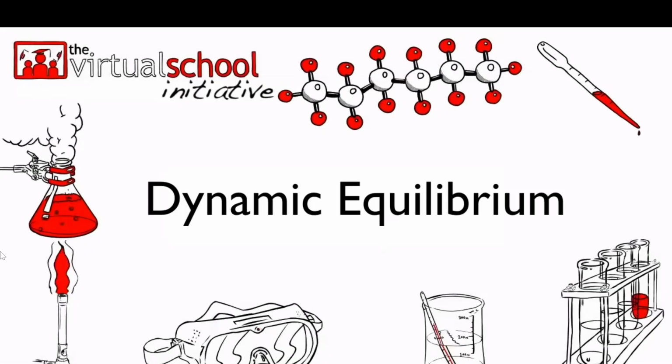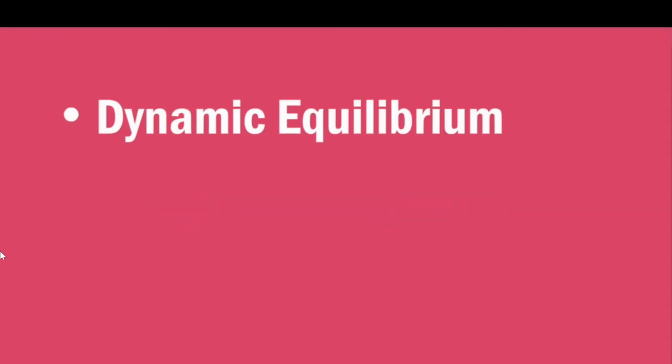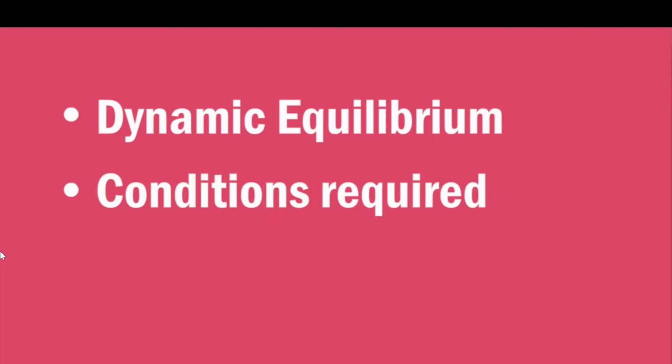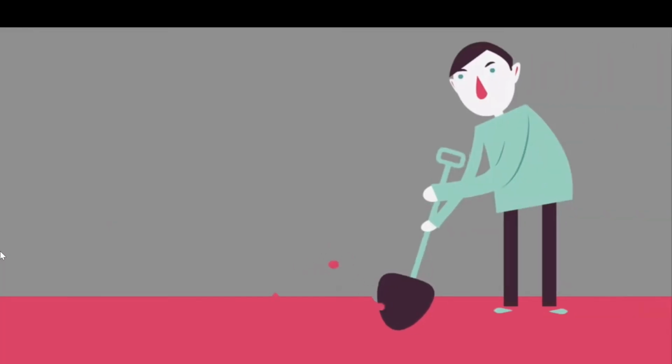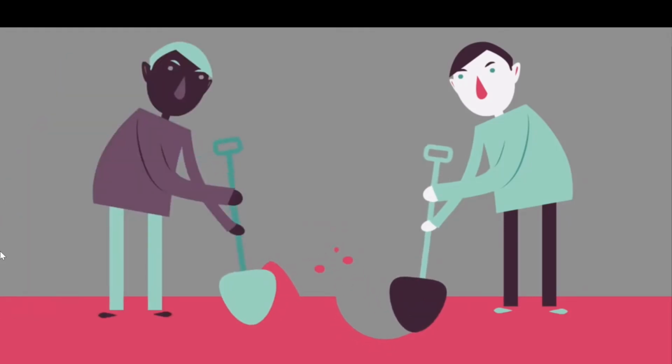In this lesson, you will learn about dynamic equilibrium, the conditions required for dynamic equilibrium to be reached, and examples of systems at equilibrium. Imagine you are digging a hole. Imagine, as you are digging that hole, your friend is refilling it.